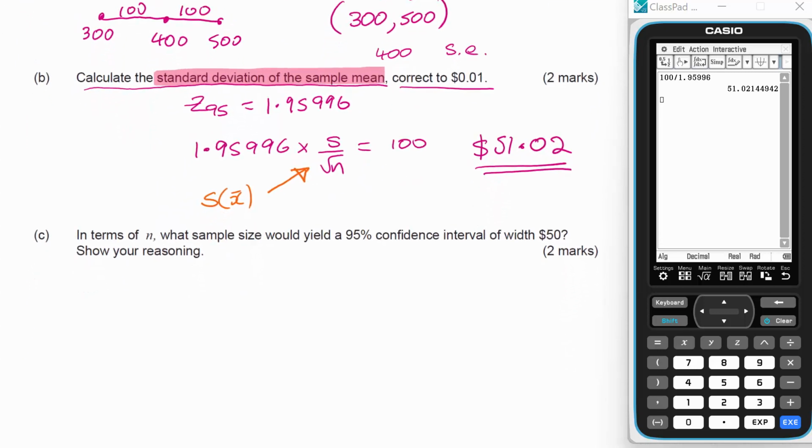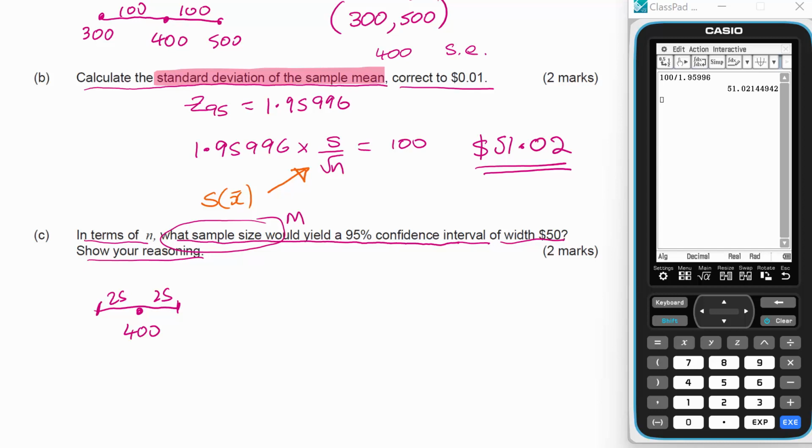In terms of n, what sample size would yield a 95% confidence interval of width 50? If we're talking of width 50, then we're talking up or down by 25. Let's say that the sample size here is m.